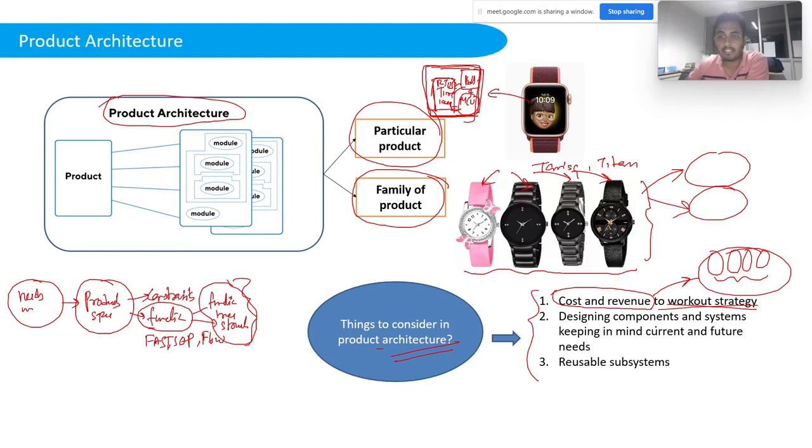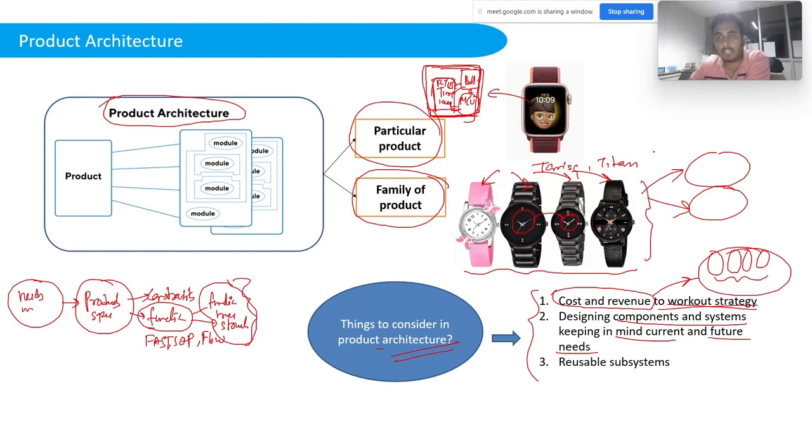Another consideration is that when designing components and subsystems, you need to keep in mind whether you are going to use a particular component or subsystem in future. So you need to consider both the current need as well as future requirements. For example, you may carry on a particular dial to your future product lineup. People do that.